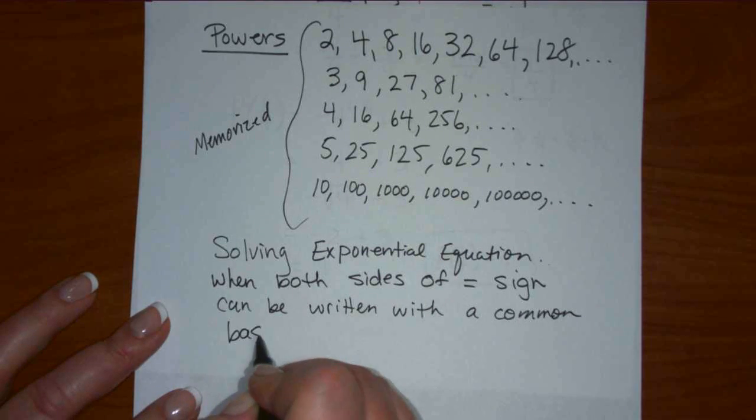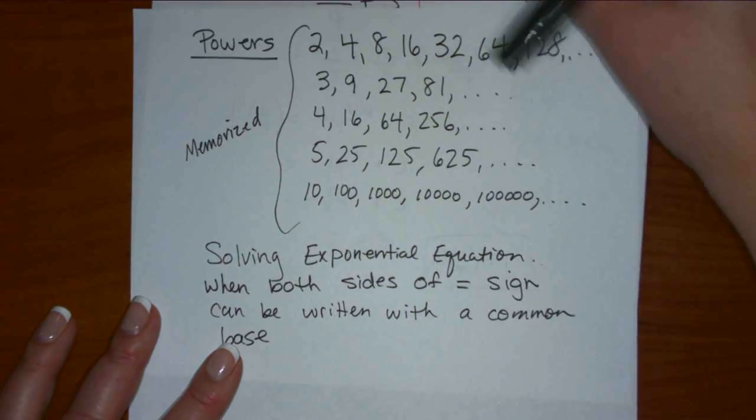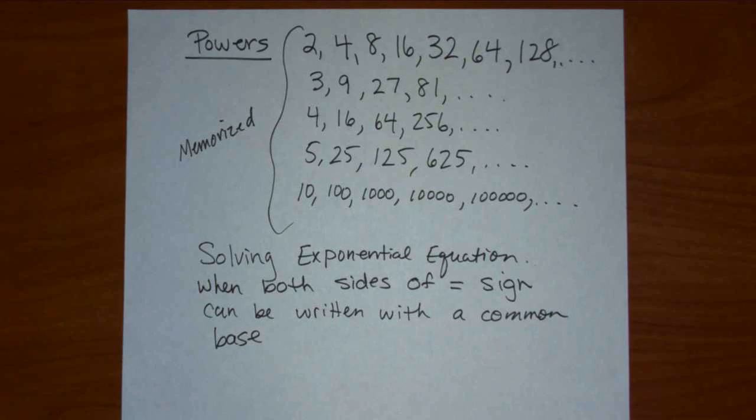The base is the number at the bottom. So I'll show you what I mean by that. And this is type 1 when it works nice. That's sort of like a square root when you have to take the square root of both sides or the cube root of both sides, and it works nice. That's this type, okay? And then we'll do the ones that don't work nice after.